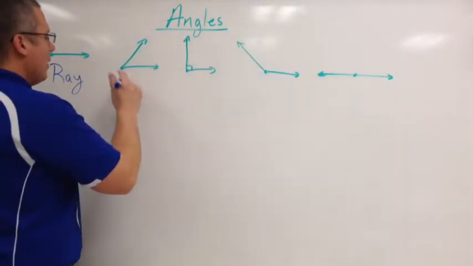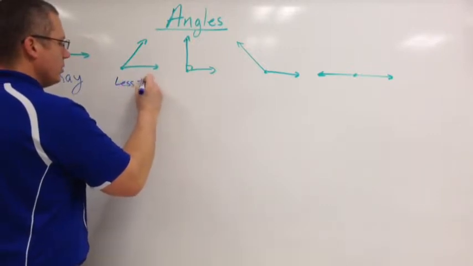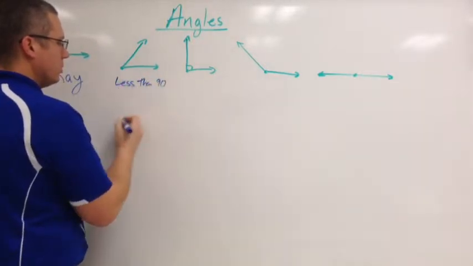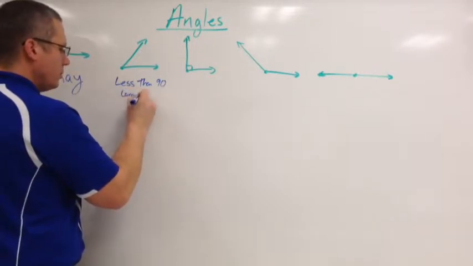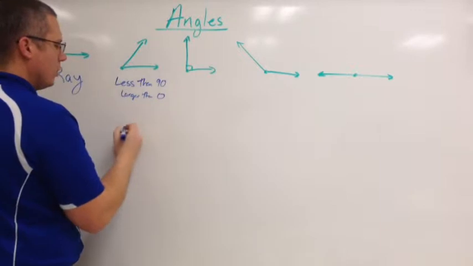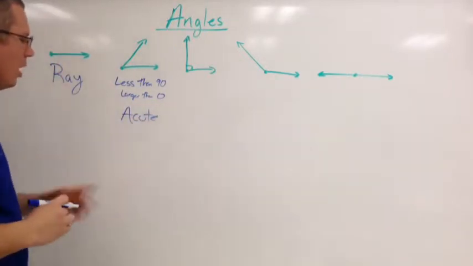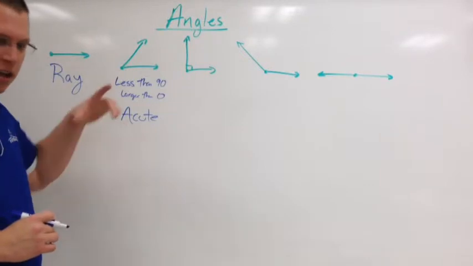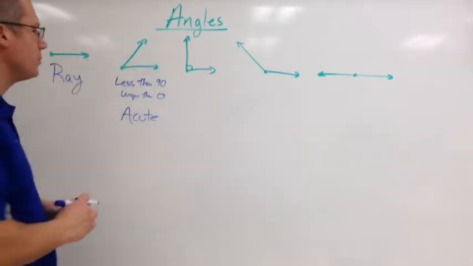If I have an angle that is less than 90, but larger than 0, this is an acute angle. A lot of times you can take the A in acute, make the A with your hand, and that's an acute angle.